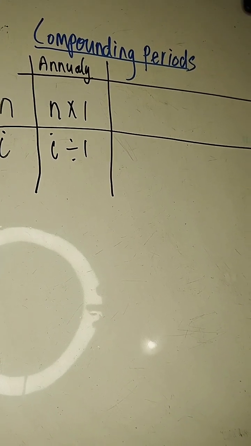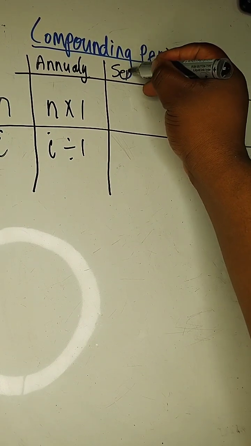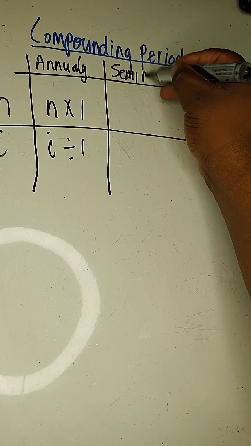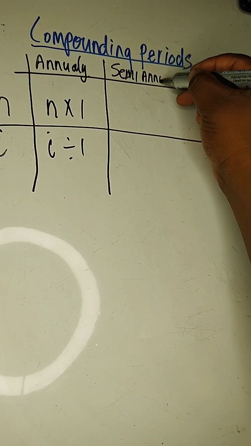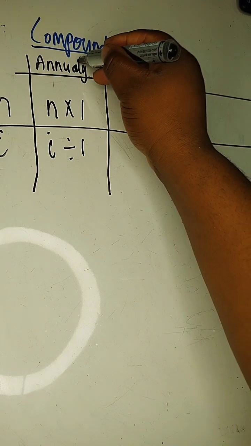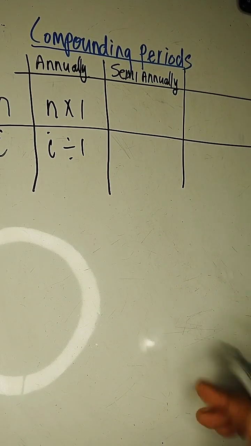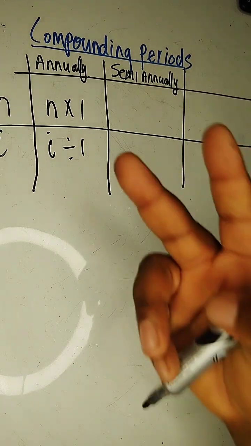Then number 2, we have the word semi-annually. If it's semi-annually, double L here. Now, what does semi-annually mean? It means twice a year.